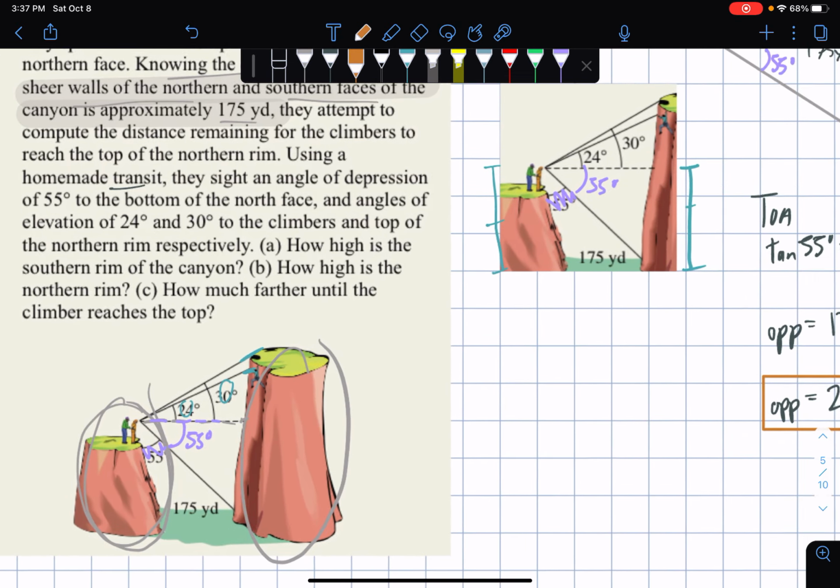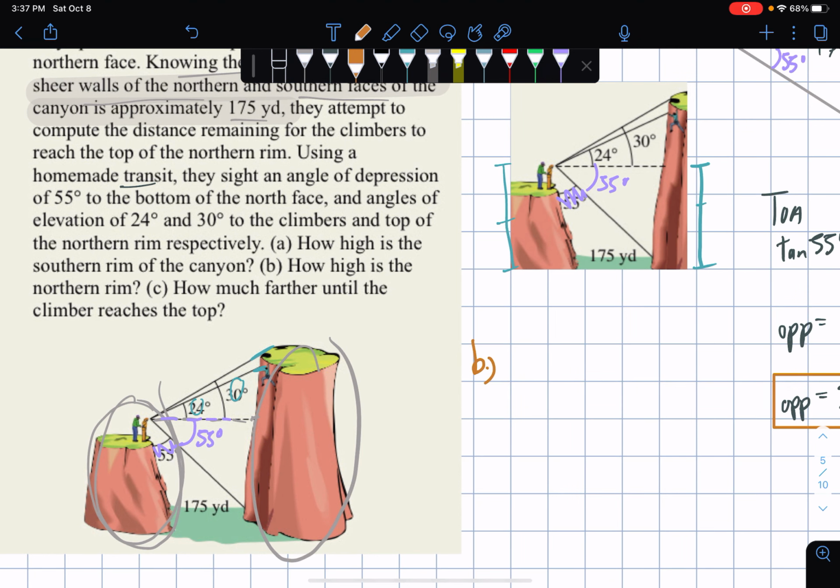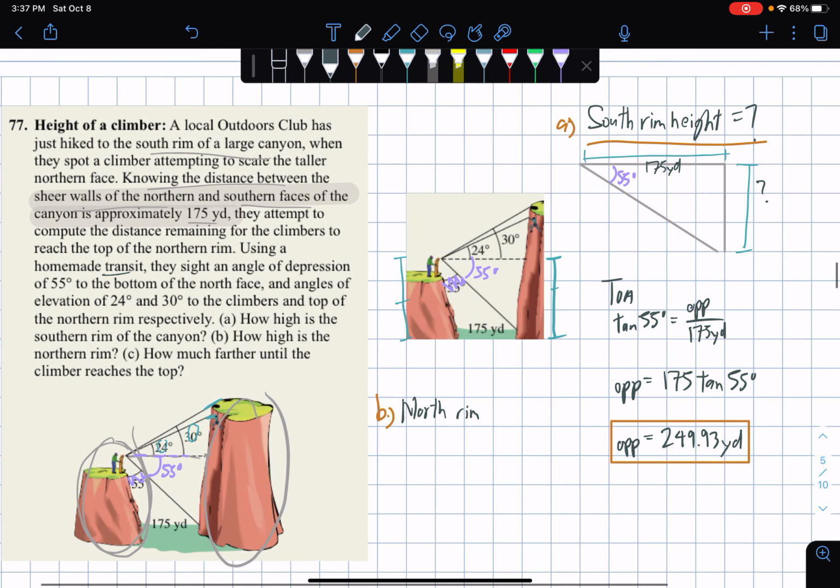Alright, for letter B, how high is the northern rim? What we're looking for this time is the height of the northern rim.